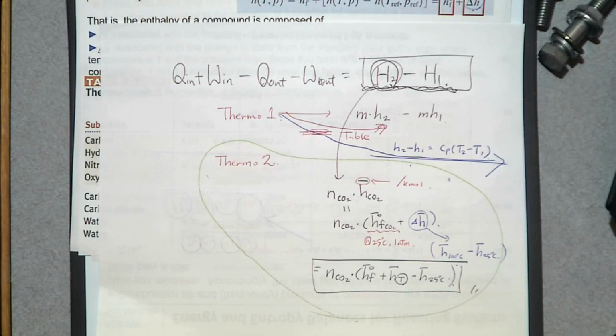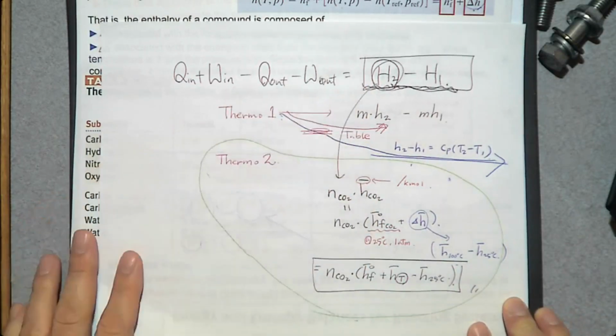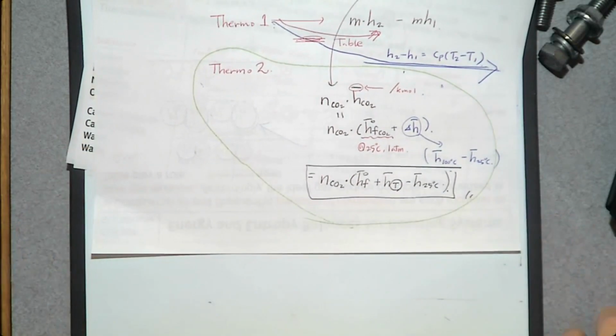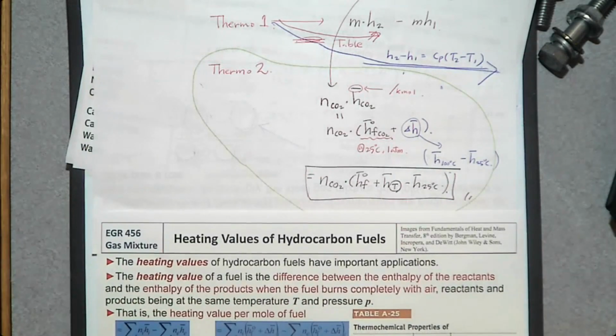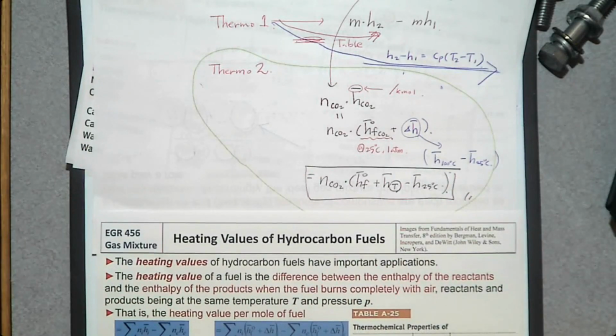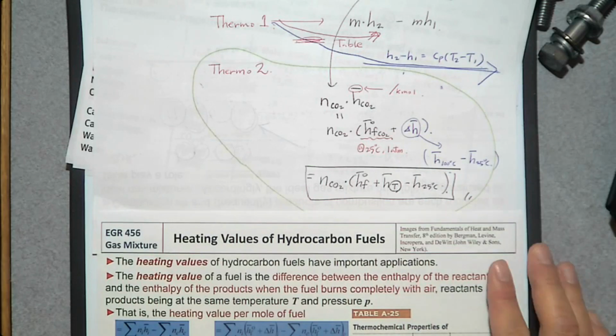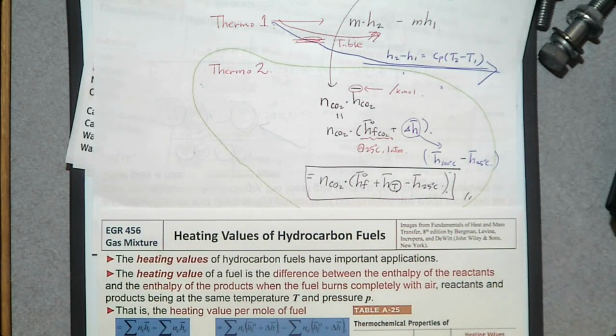So by using this one, let's practice one simple problem, how to use this to determine enthalpy. We are going to calculate heating values of hydrocarbon fuels by using this one. Then what is heating value?